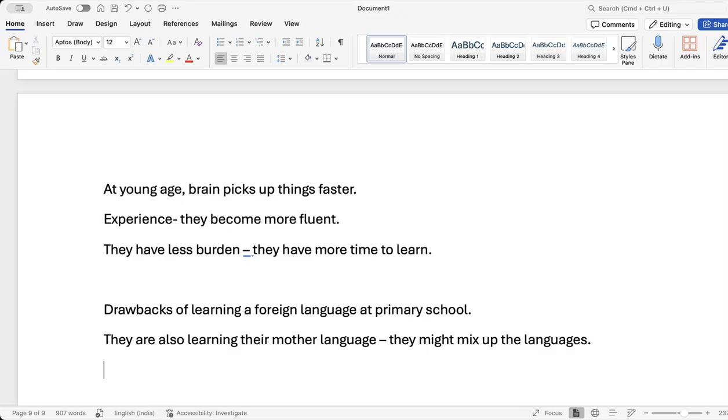Like I can teach you using the translation in Punjabi and Hindi. But if you're too young, I would not have that opportunity because then you wouldn't know the Hindi word also. So मुझे वो हिंदी वाला word भी पहले सिखाना पड़ता, I would have had to tell you the meaning in Hindi, and then I would have had to come to English. So by secondary school, they've already mastered their mother tongue, so it becomes easier for them in that sense. But I would think that it would be difficult for you to express this point.